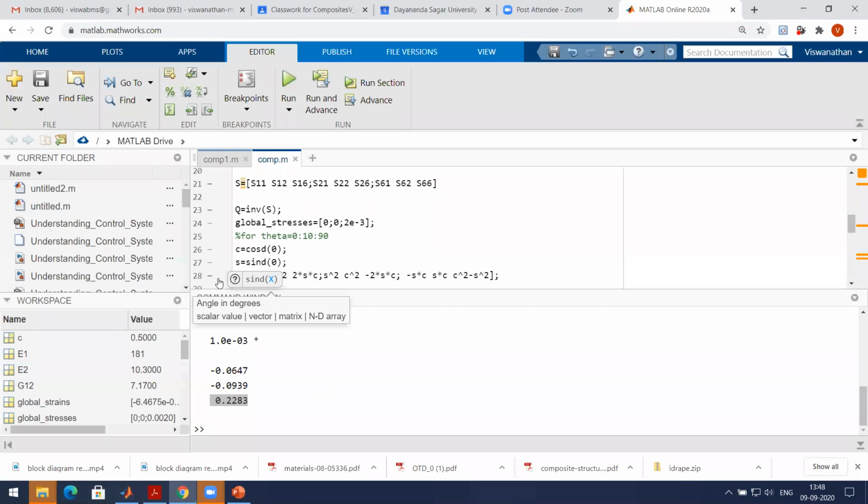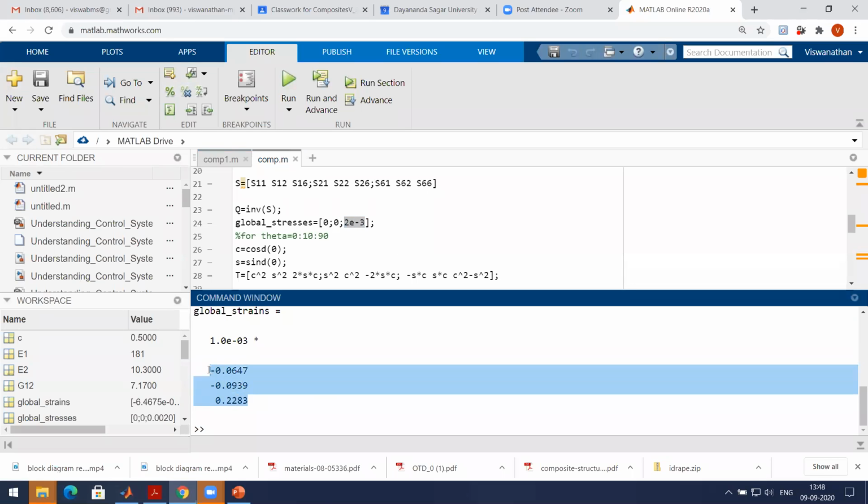So if theta is 0 degree and you are applying only the shear stress, what is the result that you are expecting in the strains? It will be same, sir, like global. Same in the sense?